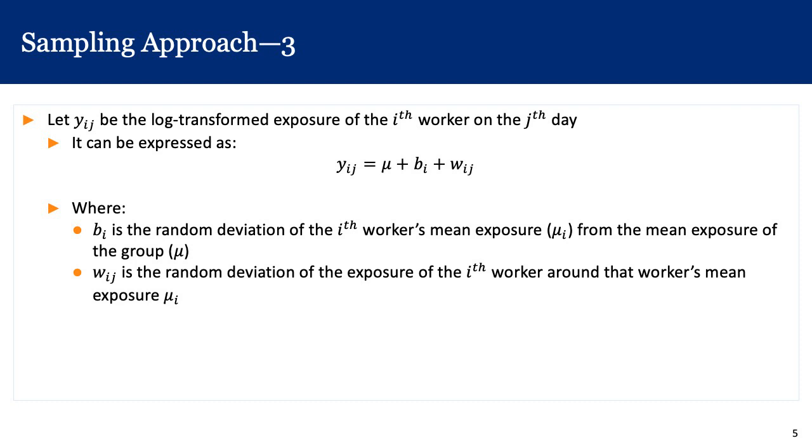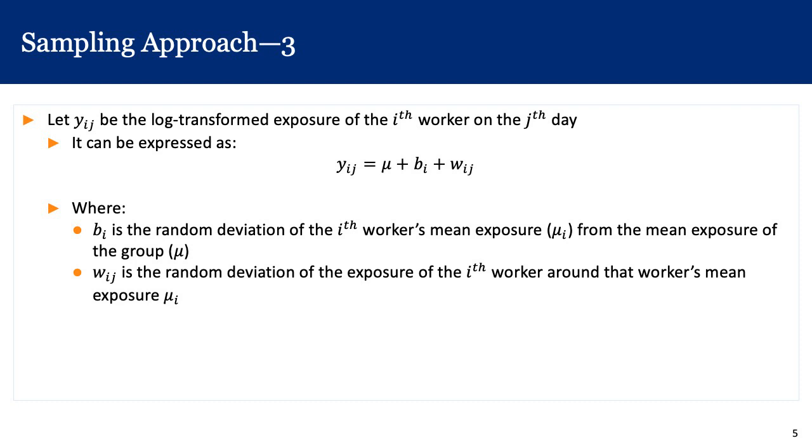So we can see that we start off with an overall global mean for all the workers, and that is mu. And then we say, how does each worker's mean exposure deviate from that mean? So that's the term b sub i. And then we say for each worker, we have multiple measurements, and how does each of those measurements vary from that worker's average exposure. So there are between worker exposures denoted by b sub i, and then the within worker variations.